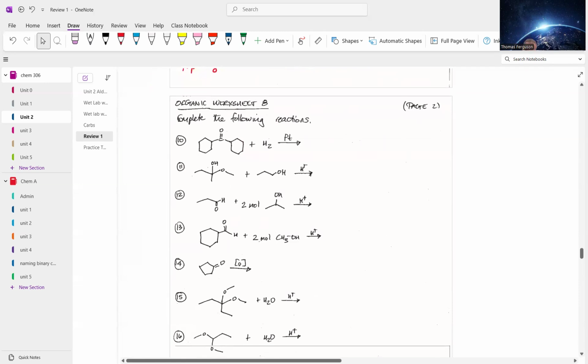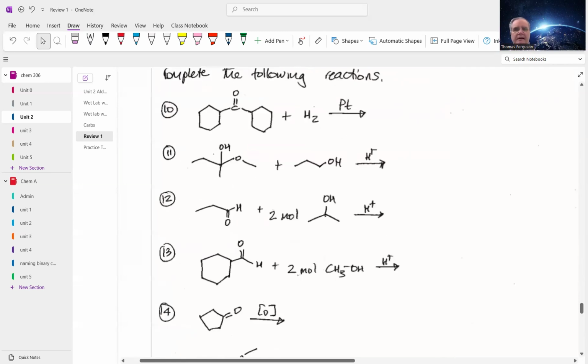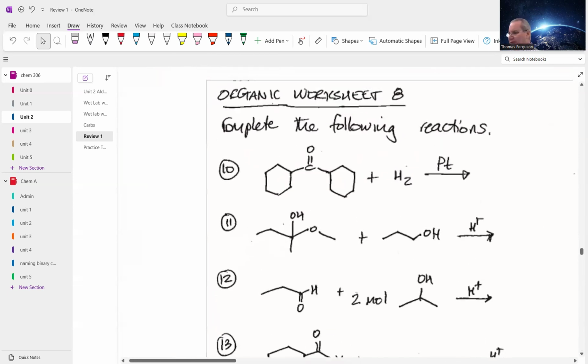More reactions, good old reactions. Okay, so what we have here is a ketone, and we've got a hydrogen with a platinum catalyst. And that is the same thing as a reductive environment.